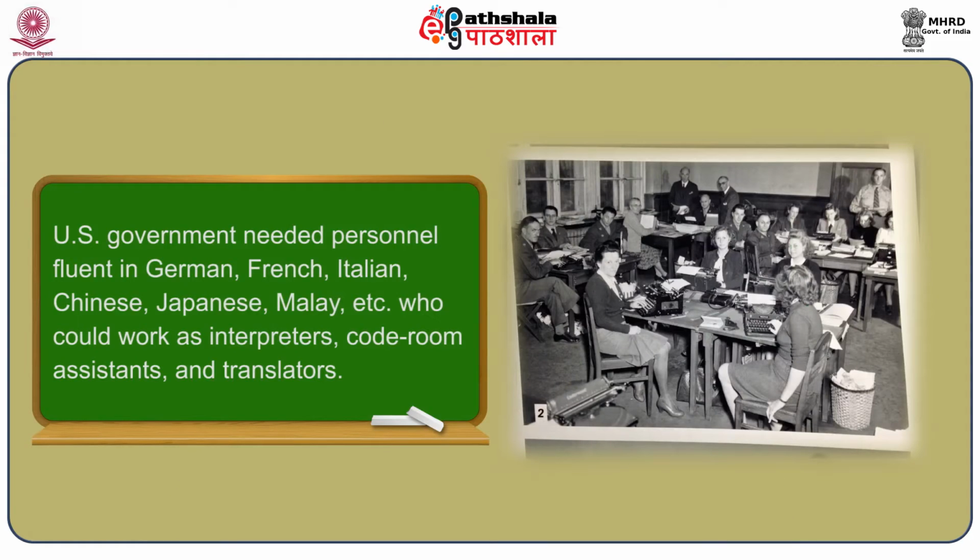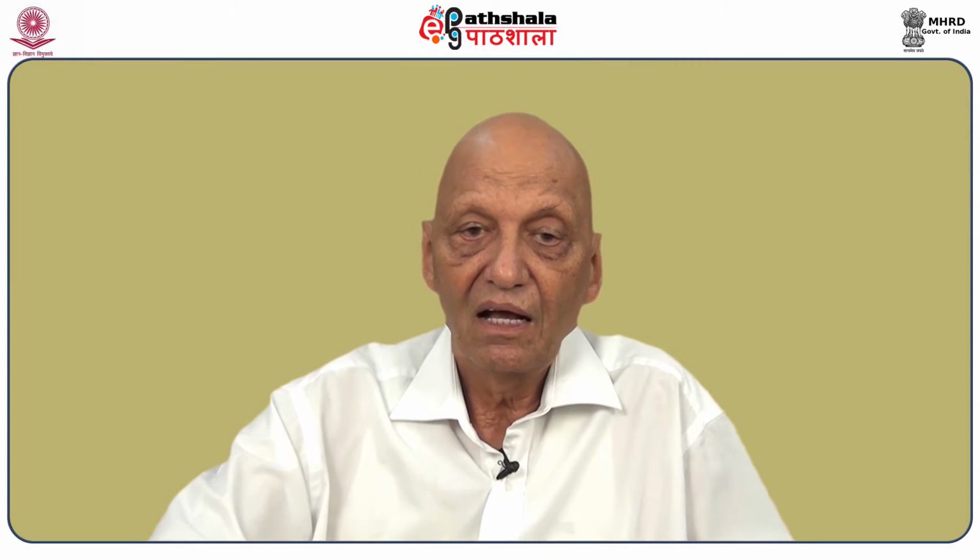Particularly the US government, which finally called the shots, needed people who were very fluent in German, French, Italian, Chinese, Japanese, Malay, in all these languages. They should be fluent and able to interpret, and they needed courtroom assistants and very fast translators.